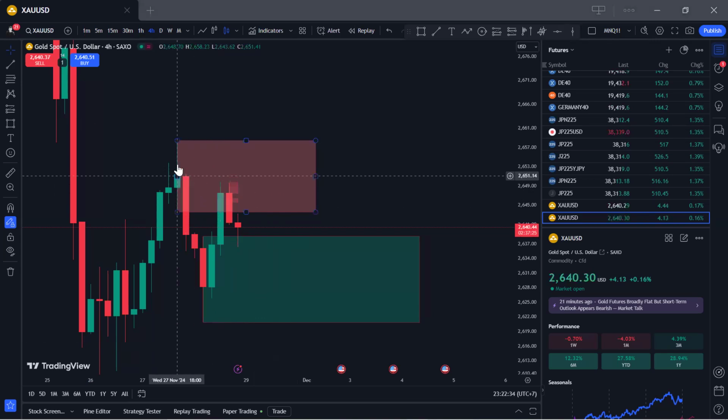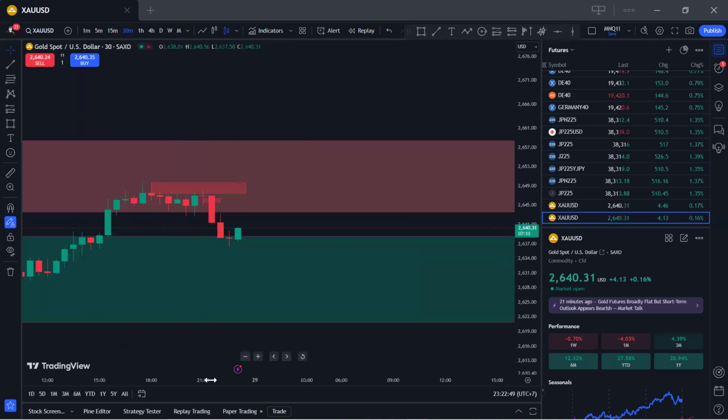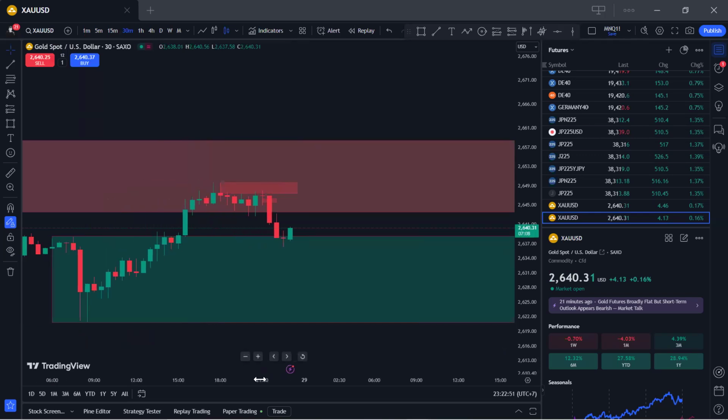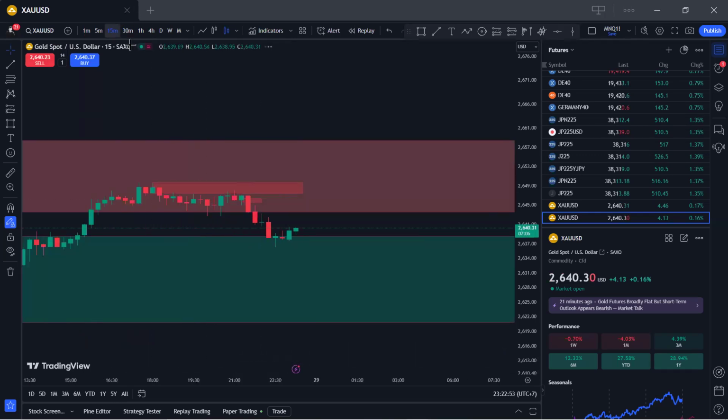Yeah. So we had a sell zone, H4 sell zone, and this is H4 buy zone. So the zones are very close to each other, so be very careful. But inside the sell zone, we go to the M30. M30 was not nice, but M15 was very clear.